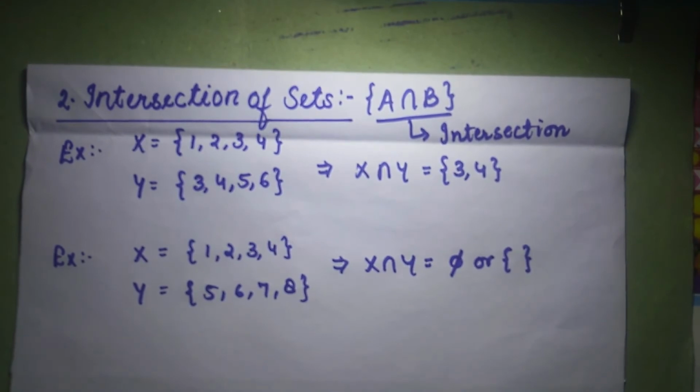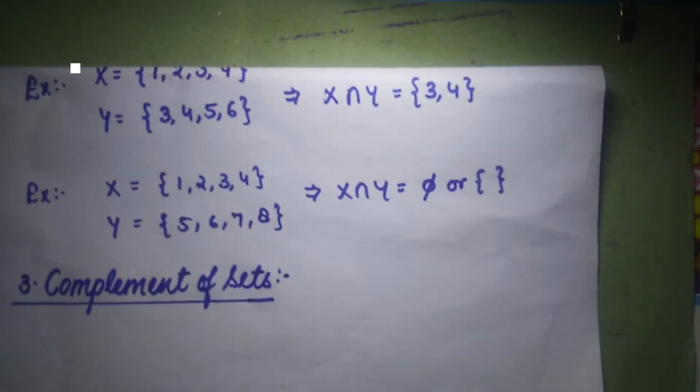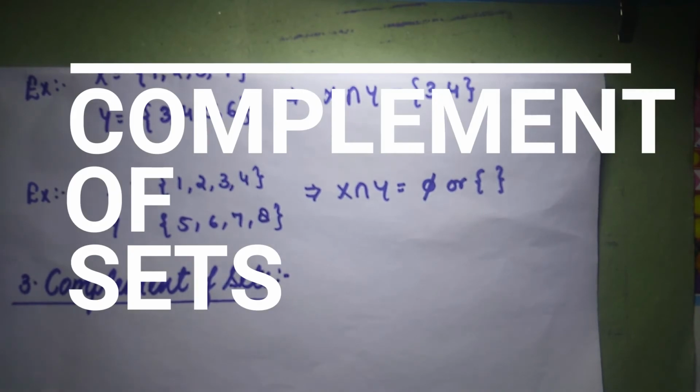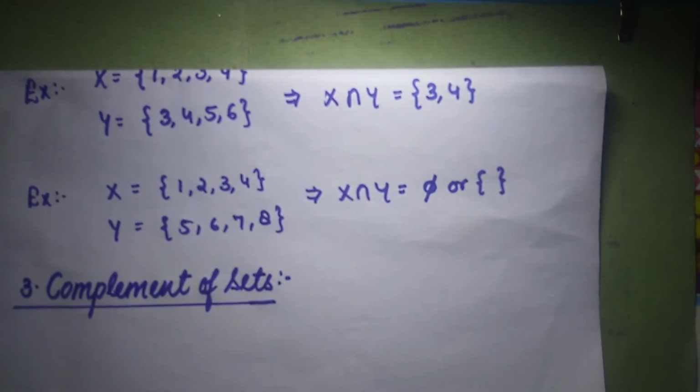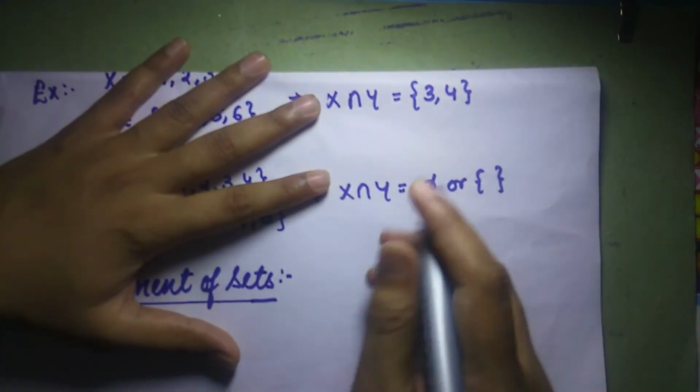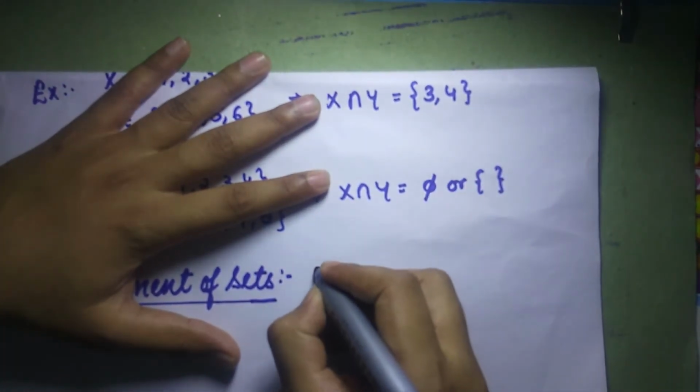I also teach this in the types of set, so you can see that in previous videos. So we move on to the next operation of the set, which is the complement of a set. What is the complement of a set? The complement of set A is the set of those elements which are not present in A but present in the universal set. So what is a universal set?